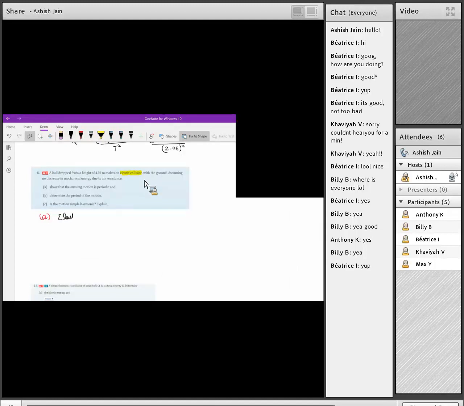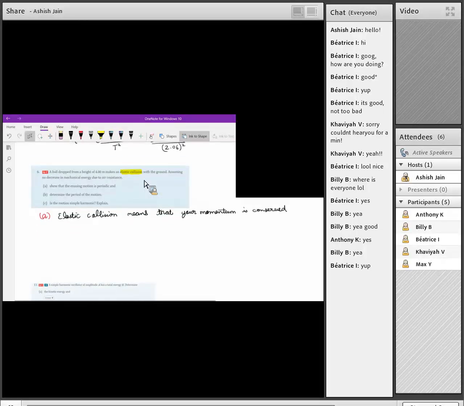Elastic collision means that your momentum is conserved, right? It's resistanceless, okay?